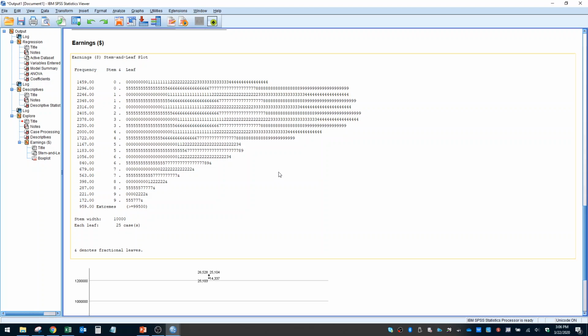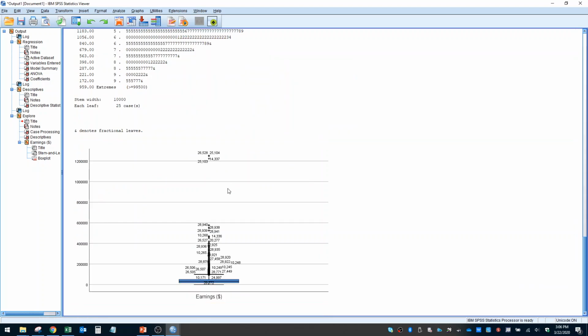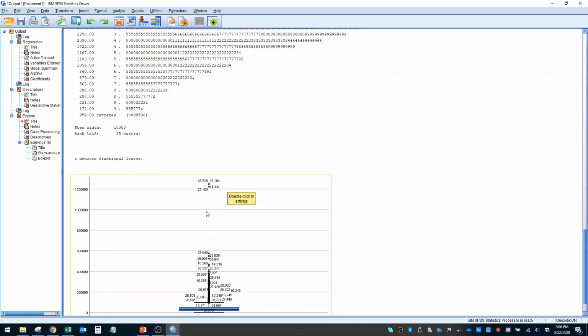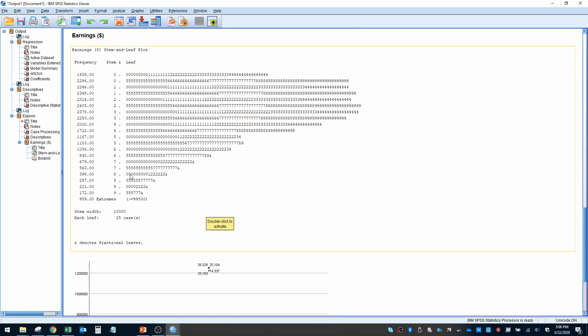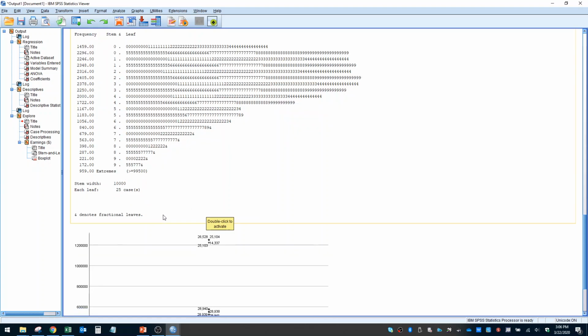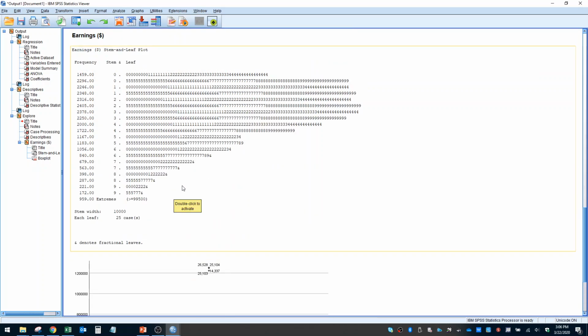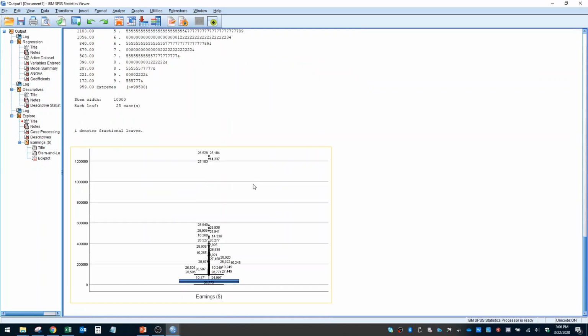And if I look at my stem and leaf plot, here's what it looks like. So there's a high skew to my data. My data is very positively skewed. So I have a few people, not very many, but there's a good chunk of them that are making well over $1 million. So my income data is not normally distributed.